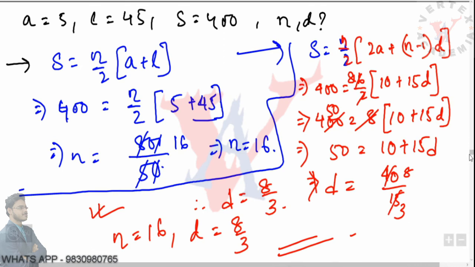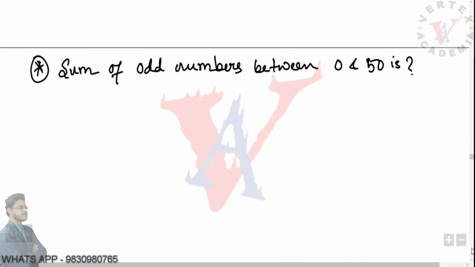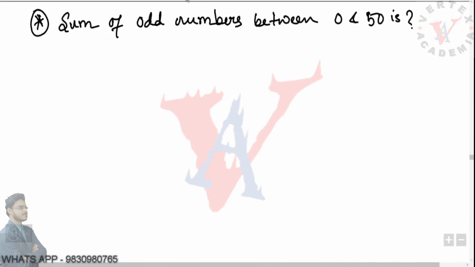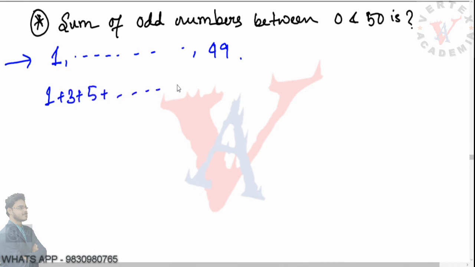Now going to the next question. Sum of all the odd numbers between 0 and 50, right? So let me start. The first odd number between 0 and 50 is 1. It goes on, and before 50 the last odd number is 49. So we have to find 1 plus 3 plus 5 plus up to 49.